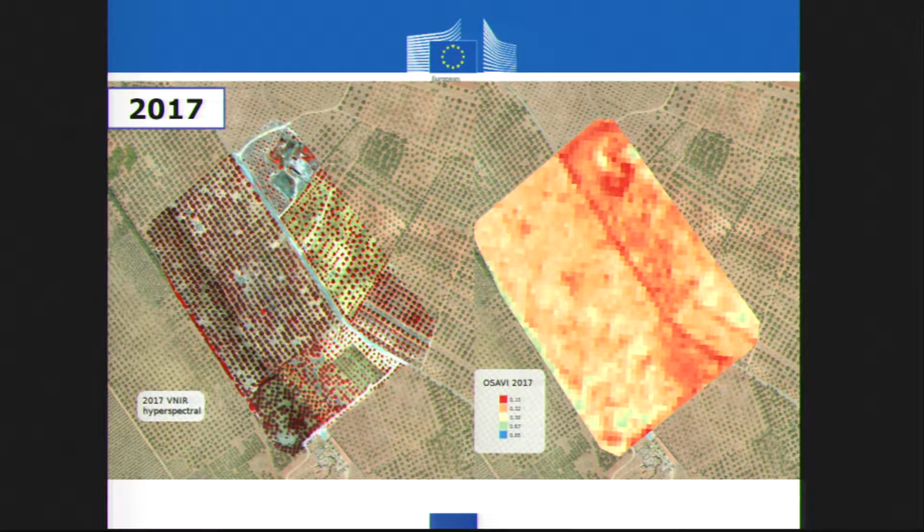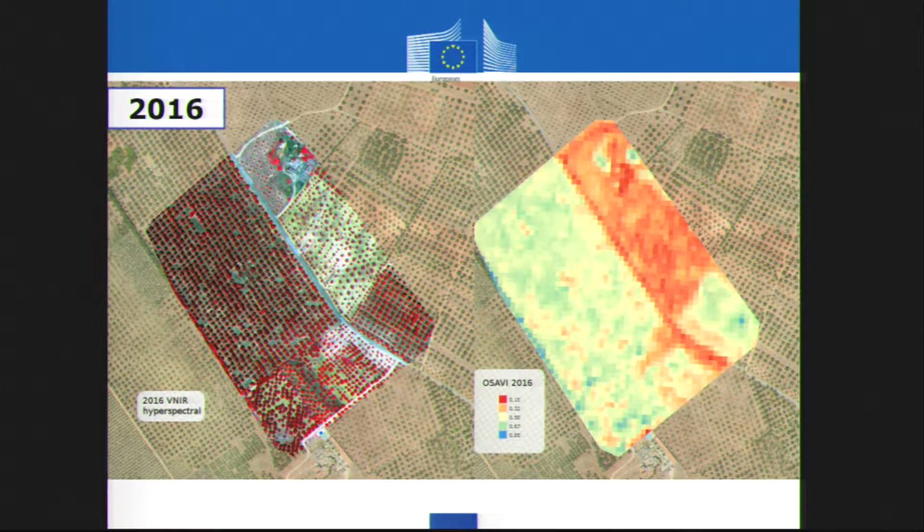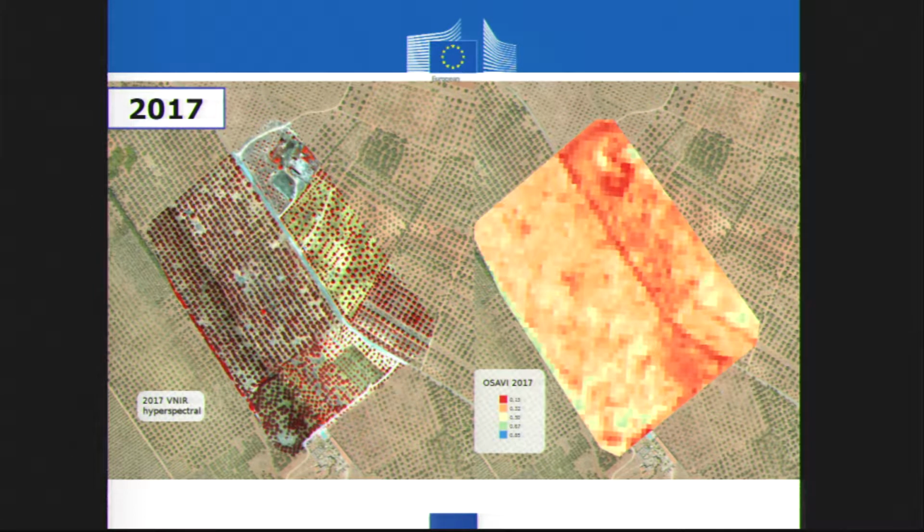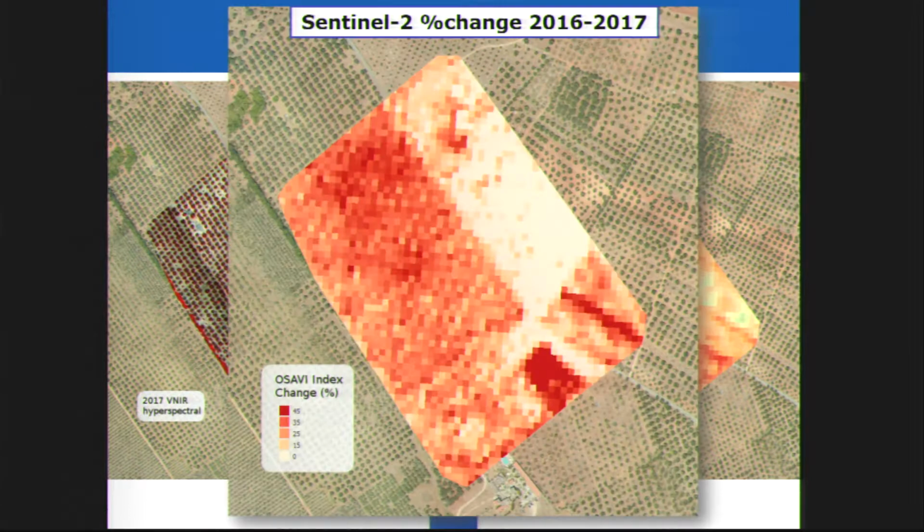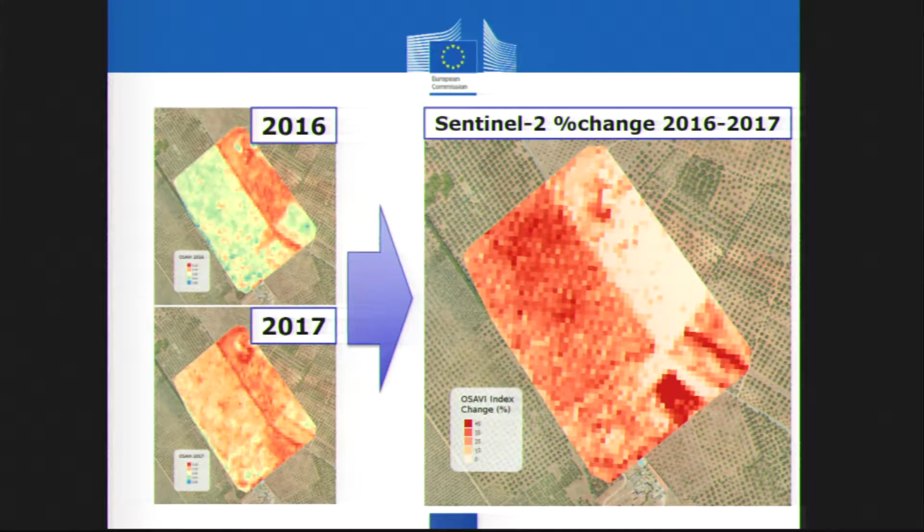By looking at summer 2016 Sentinel and 2017 Sentinel, one year difference, we could calculate the percentage change of the vegetation index from Sentinel for all the fields that were evaluated.